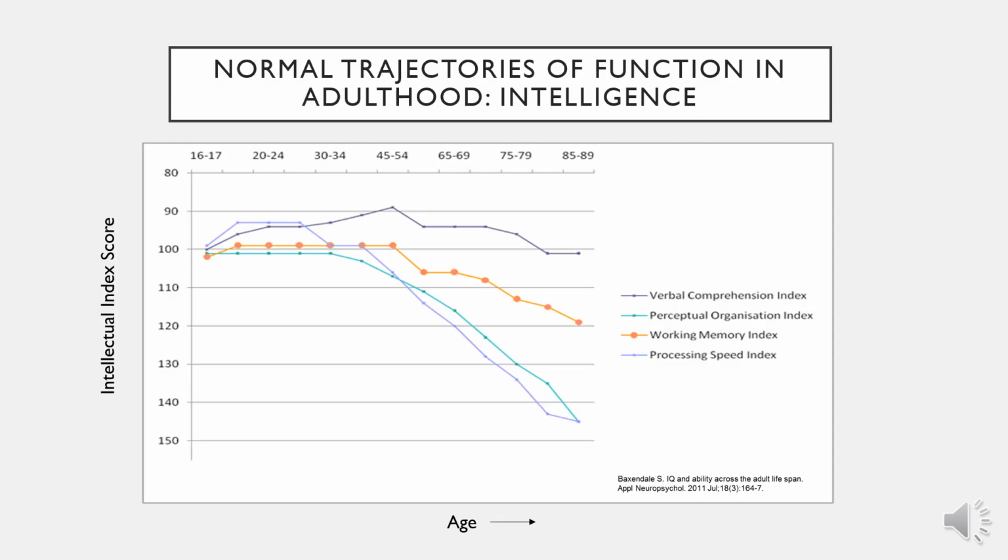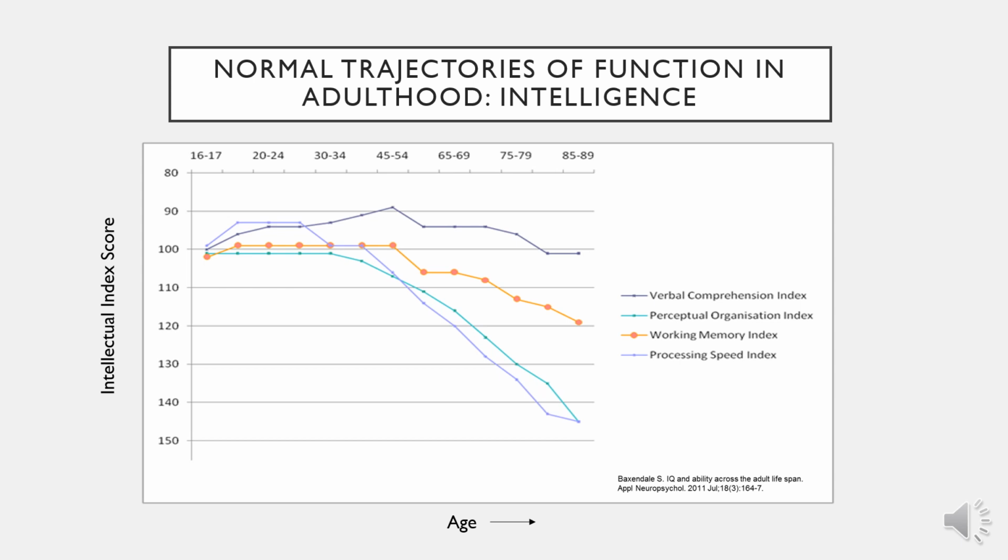Just as the brain has windows of opportunity for developing new skills, there are also normal trajectories of decline that happen with different cognitive abilities. So if we look at this graph here, you can see that this dark blue line represents the development of verbal comprehension, and this improves all the way to the mid-50s, so people right the way into middle age get better and better at verbal comprehension as their vocabulary increases and they just understand how the world works a bit better.